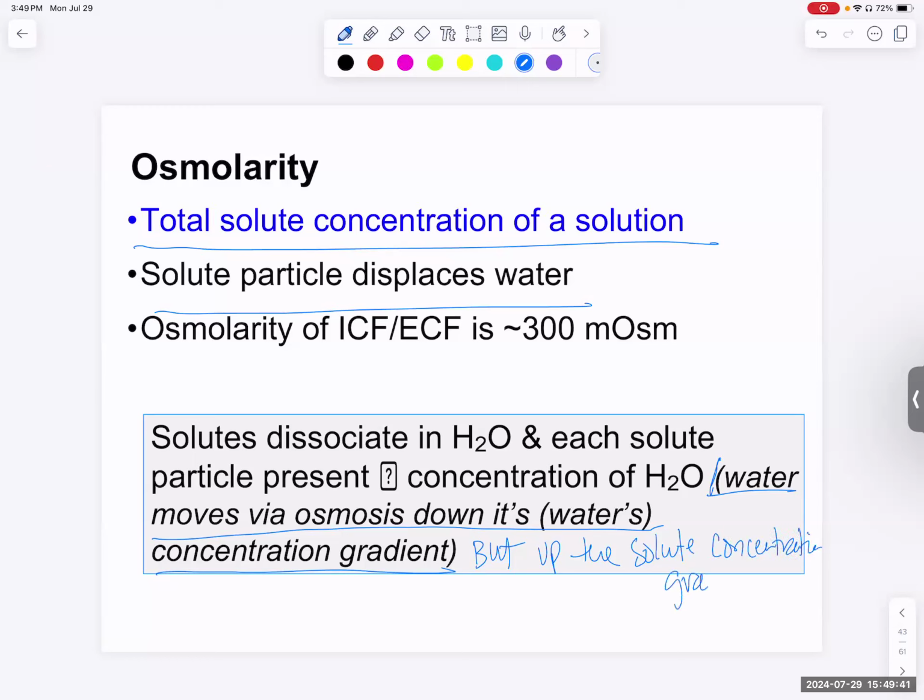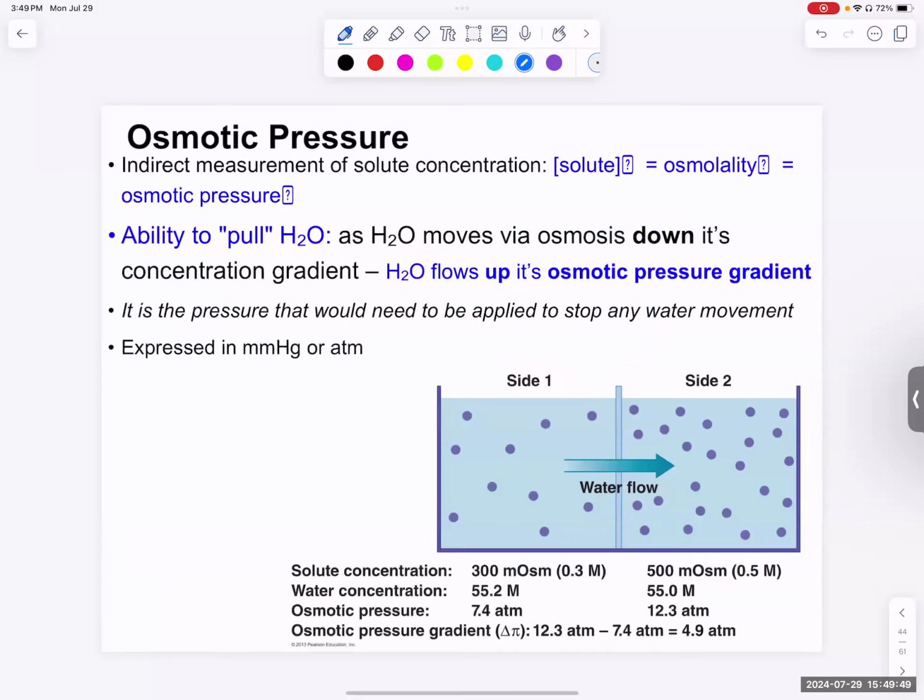The osmolarity is about 300 milliosmoles. That just means that's how many particles are in a given solution. These particles create a pressure on the water. It's osmotic pressure. And so as the solute concentration goes up, the osmolarity is going to go up.